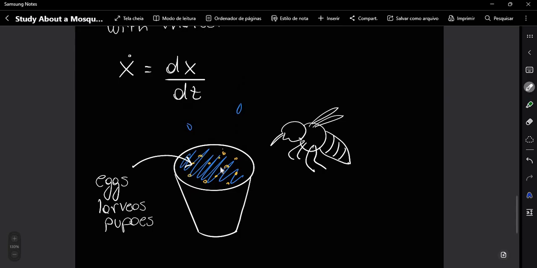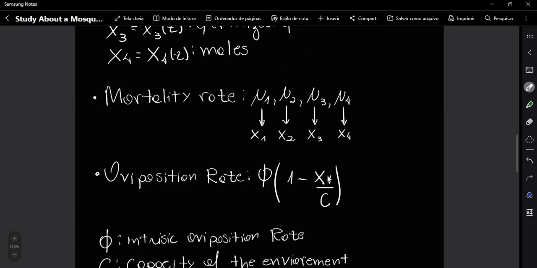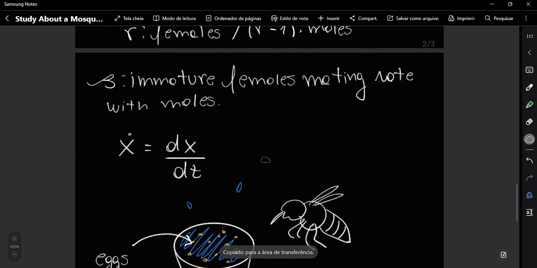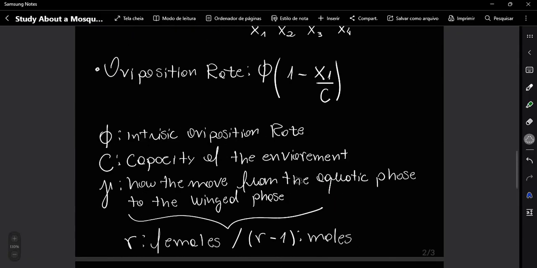So we need to know the mechanism of the development of the mosquito, from the aquatic phase to the winged phase. So first we have this oviposition rate. The oviposition rate will depend on the capacity of the environment.